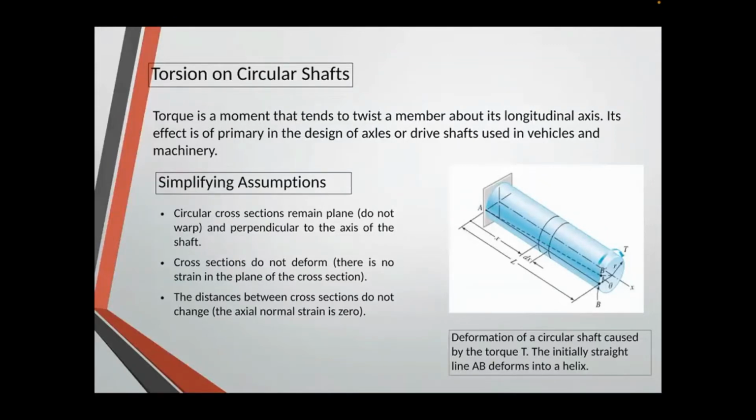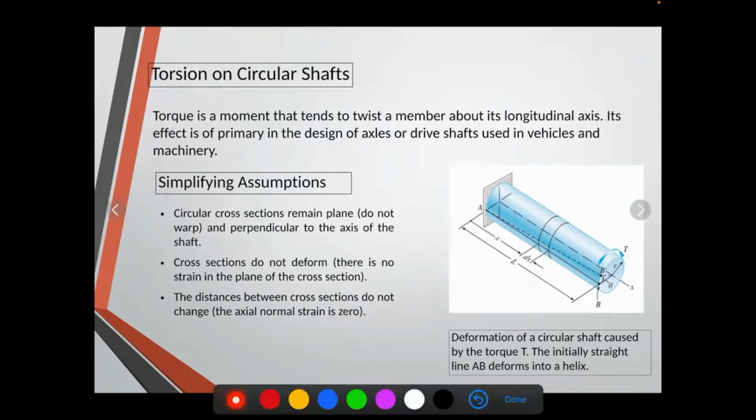So torsion actually is the twisting of an object caused by a moment acting about the object's longitudinal axis.